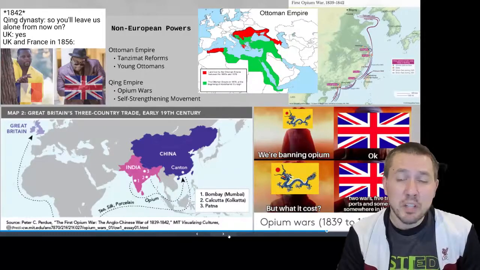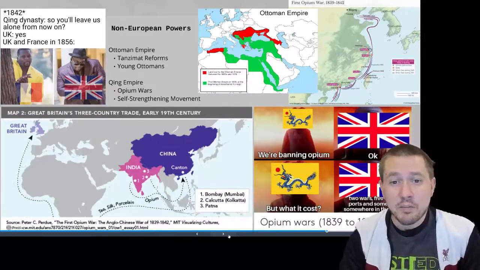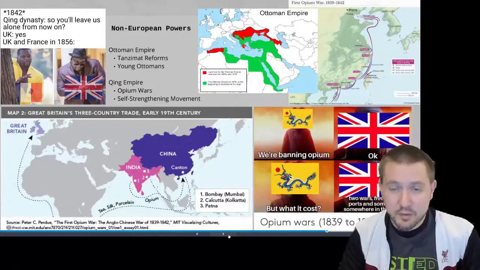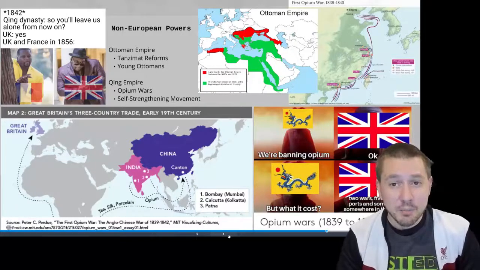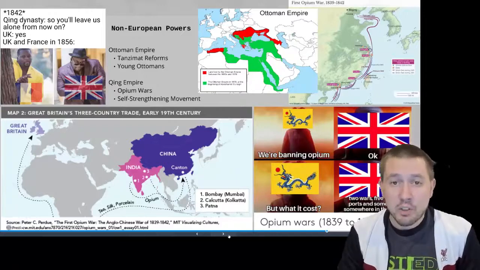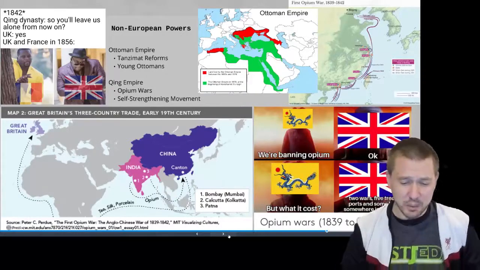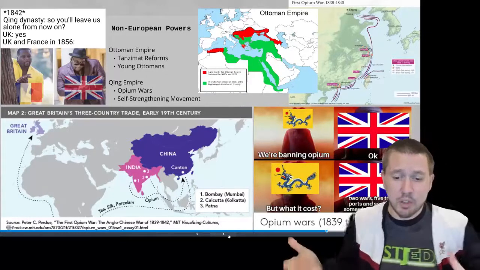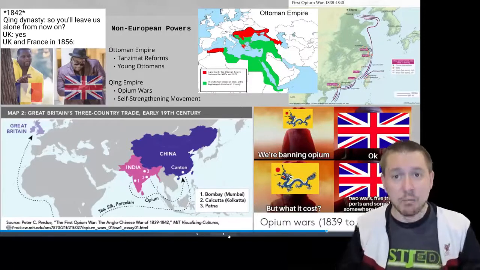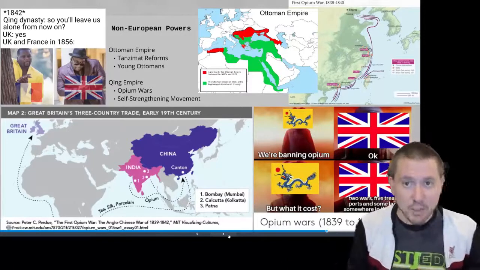And a group of young Ottomans, as they were called, didn't feel that these reforms went far enough. But there was also a hardline element within the Ottoman Empire that refused to go further. And because of that, it really stagnated the empire. It stopped the process of tax farming, which is where you have someone take the contract to get money from the people, and you got rid of that middleman.